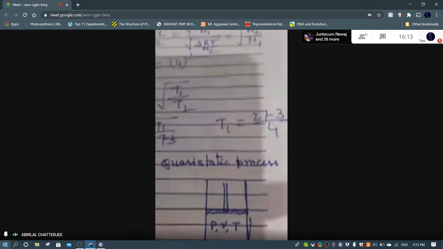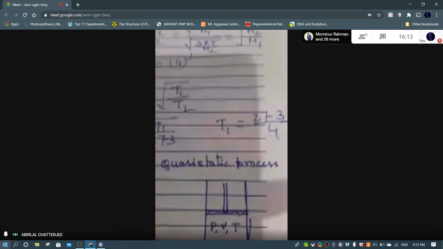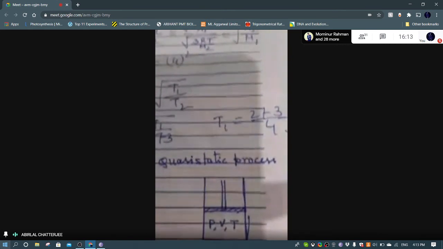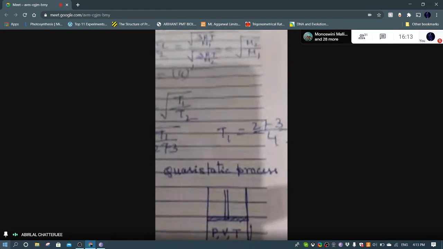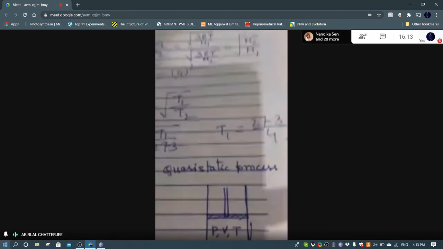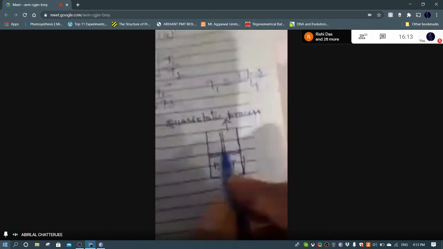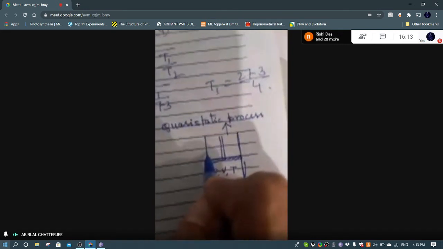What do you mean by quasi-static process? Every state is infinitesimally close to its previous state, which means the change is taking place in an infinitesimally small process. So suppose the piston is moving up, you are taking the piston up in a quasi-static process.